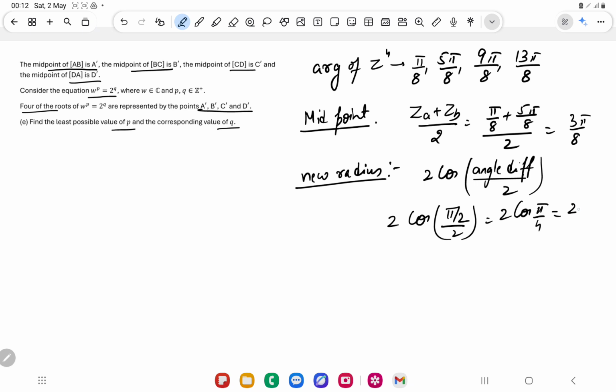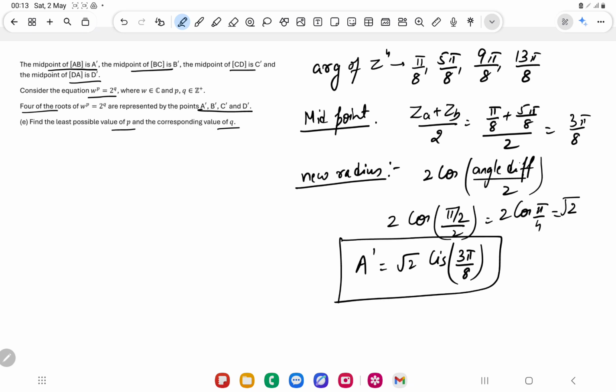Pi by 4 on solving we will get root 2. So I got my midpoint. So my new midpoint A dash will be root 2 cis 3 pi by 8. Similarly, you can get for B dash, C dash and D dash.